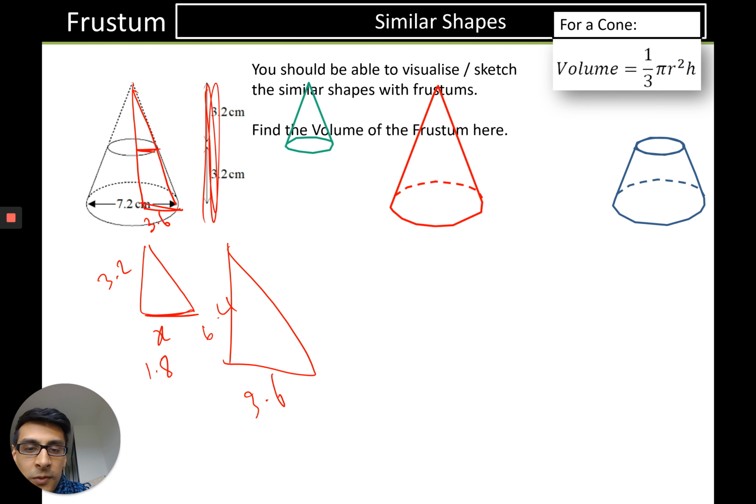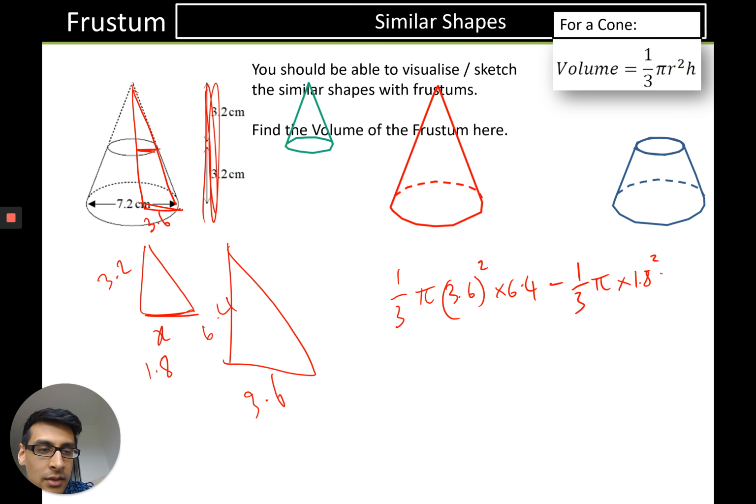So then you just use the formula, 1/3 pi times the big one first, so 3.6 squared, times height, which is 6.4. Take away 1/3 times pi times, now the radius on the small one is 1.8 squared times the height, which is 3.2.